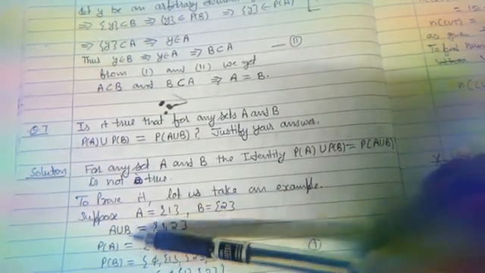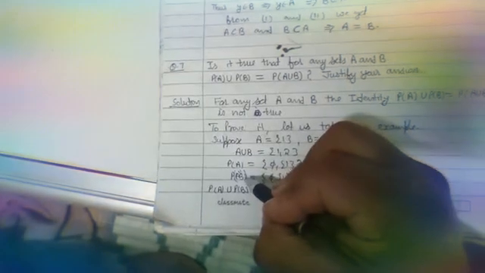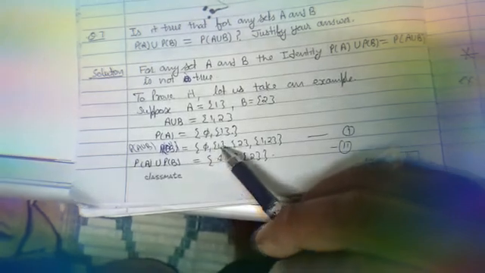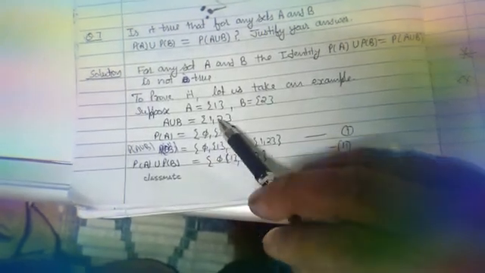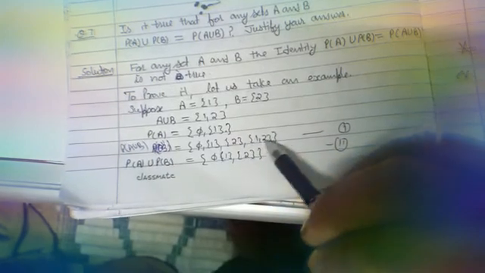And the power set of A union B consists of the empty set, because the empty set is a subset of all, then {1}, {2}, and then the set itself {1, 2}. So these are the power set.